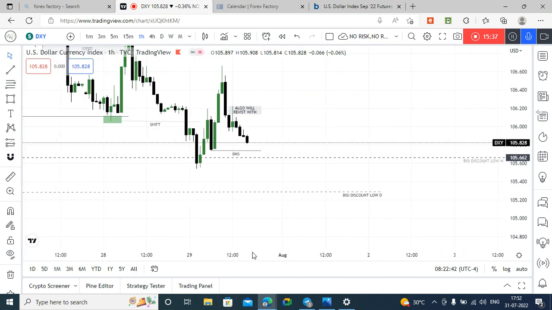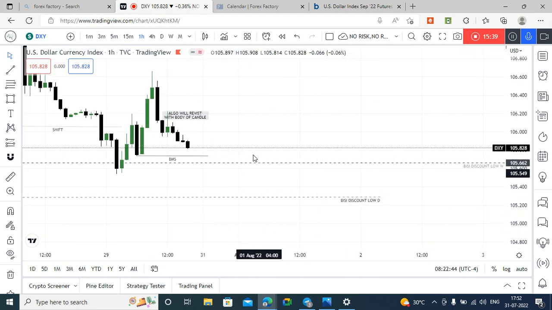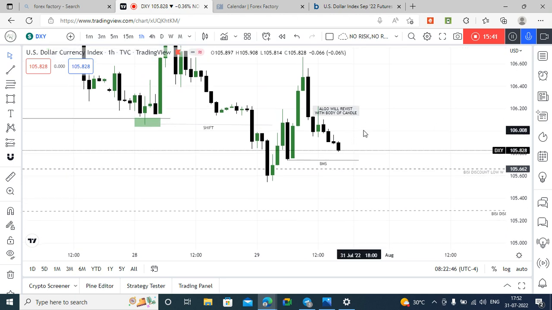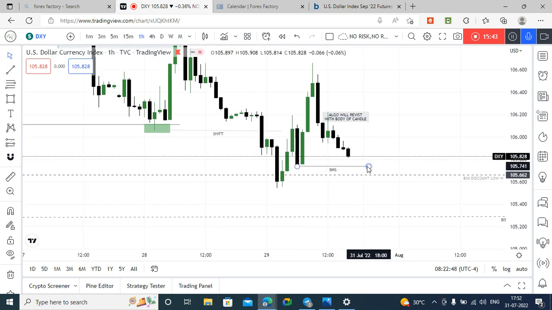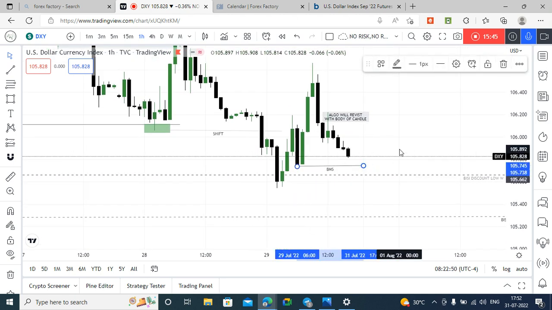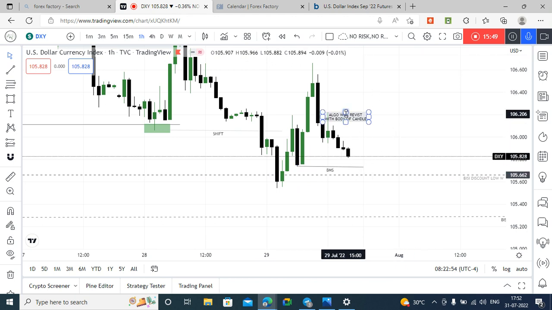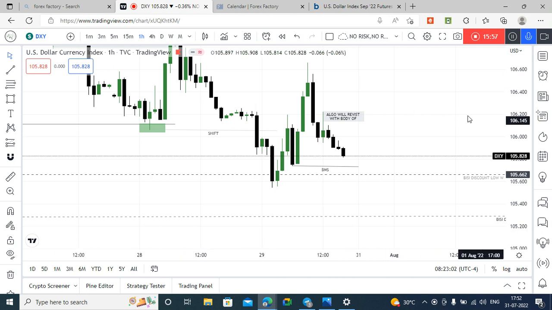So for our short term draw on liquidity, we can expect that after price breaks market structure at this level or this level, the algorithm will revisit this imbalance side with the body of a candle. Okay, they will revisit these levels with the body of a candle. If you look at the right side, we have the zero zero levels, 106.200 levels.